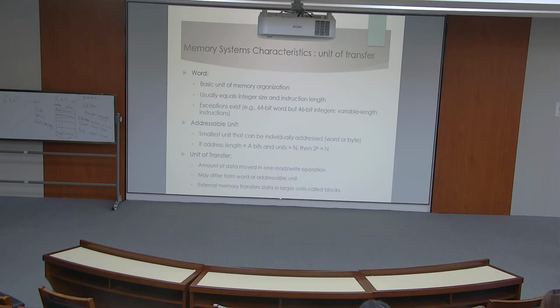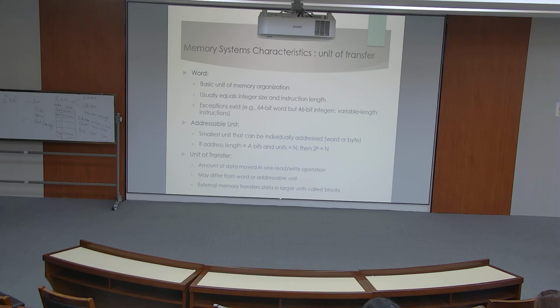Now, if you have seen, we have, for example, a number of bytes or a number of bits. If this is a byte, or this is a byte, can it also be a byte, or can it be a word?